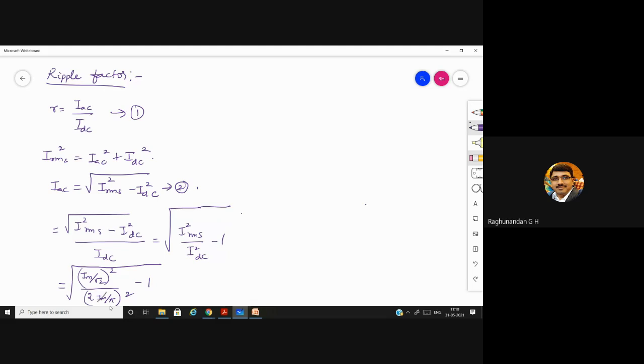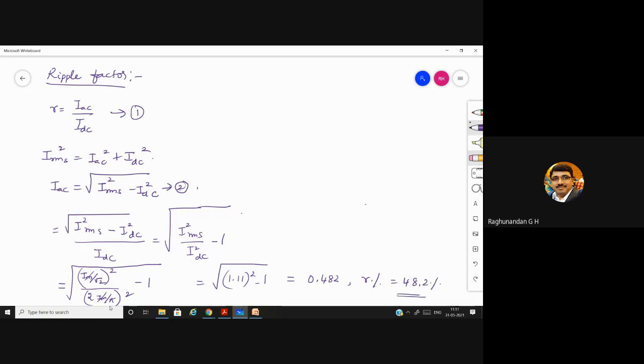Im will get cancelled. After simplifying this, we get root of 1.11 whole square minus 1. On further calculation, we get 0.482, or the ripple factor in percentage is 48.2%.